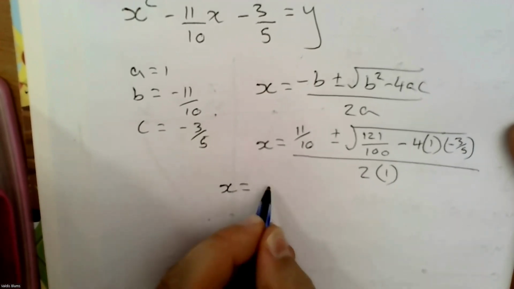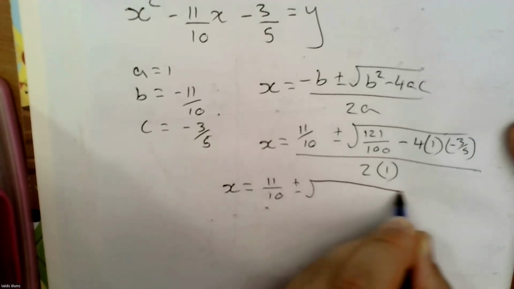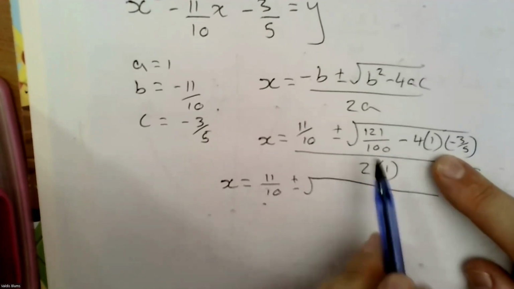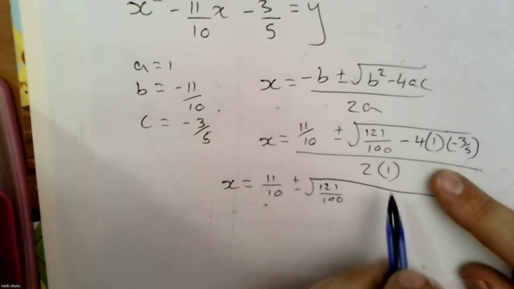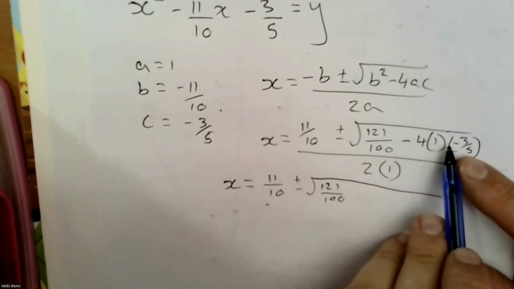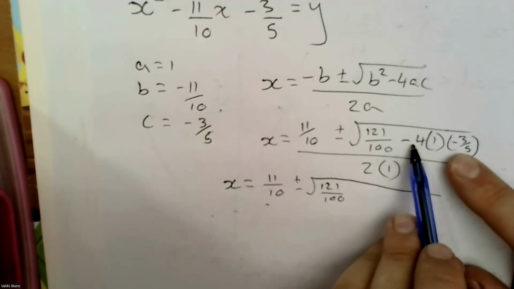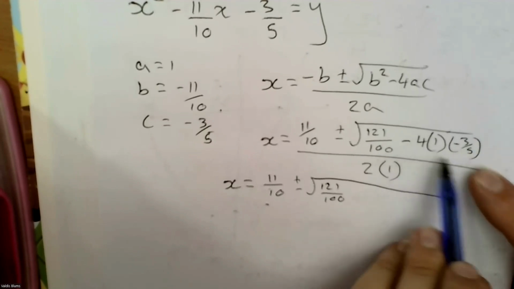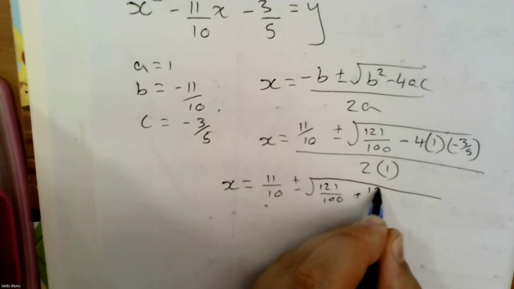Simplifying this, we have x equal to 11 on 10 plus minus square root. Now we're going to have 121 on 100. So we want to get this to the common denominator of 100. So first we figure out what it is. That's negative negative, which is going to be positive. So we have 12 on 5 plus 12 on 5.